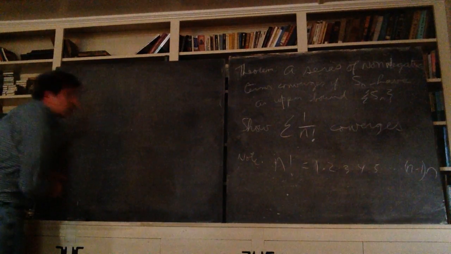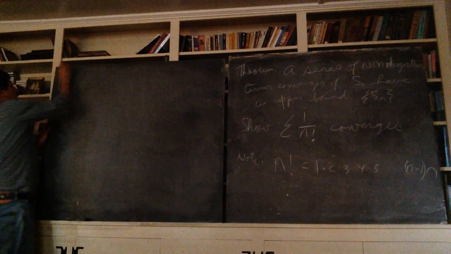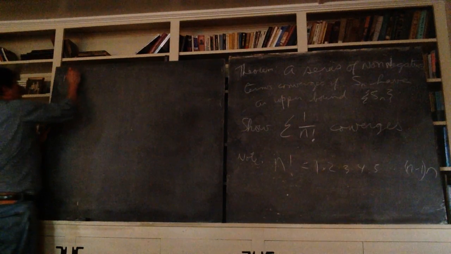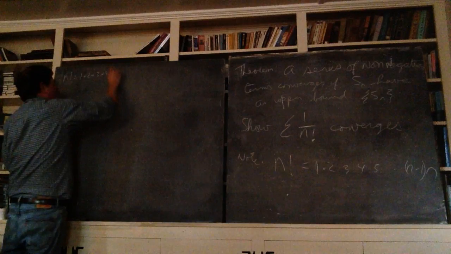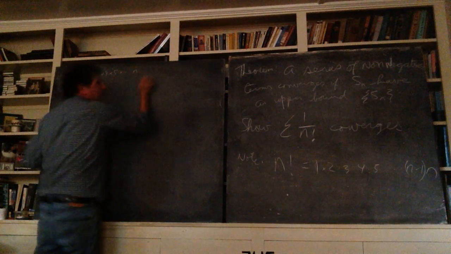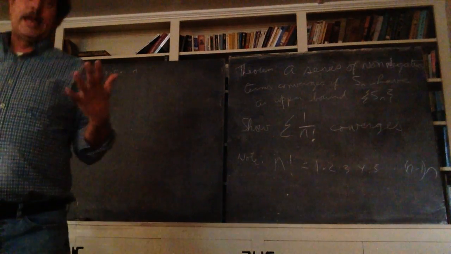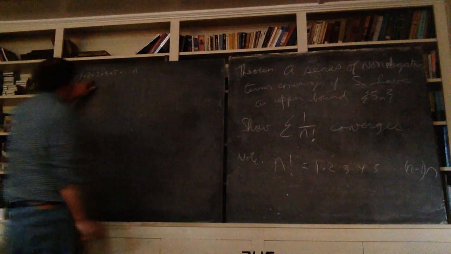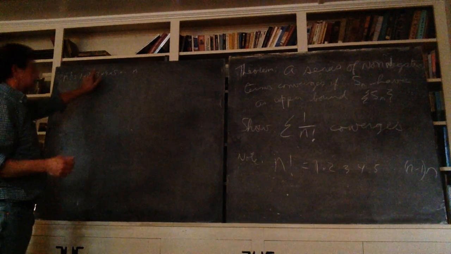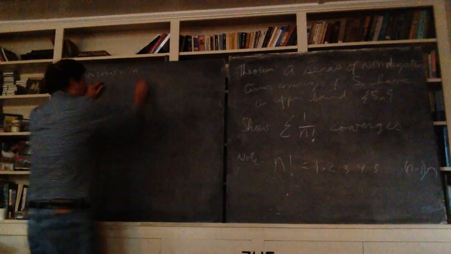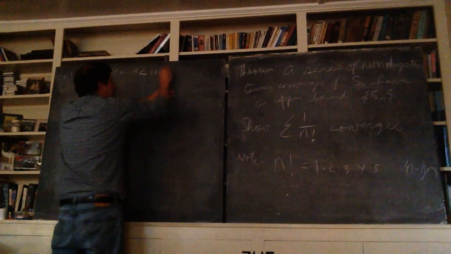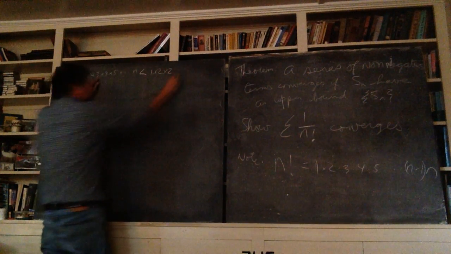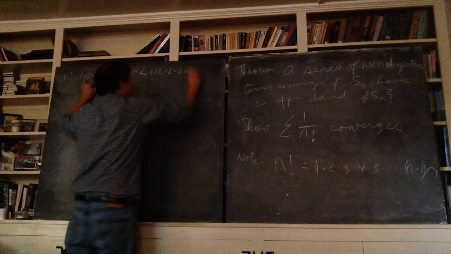Let's start over here. n factorial is 1 times 2 times 3 times 4 times 5, let's go 5 of them. Now this is what I'm going to create: one which is strictly less than n factorial. This is less than 1 times 2 times 2 times another 2 times another 2.